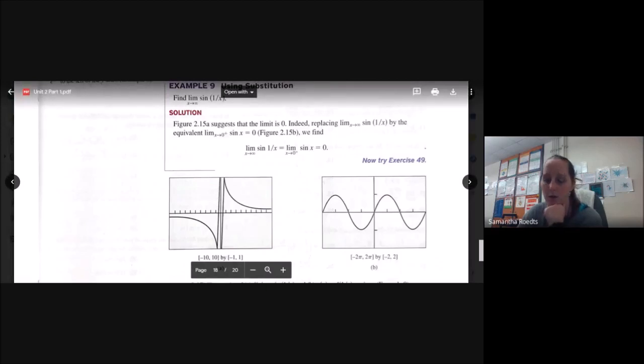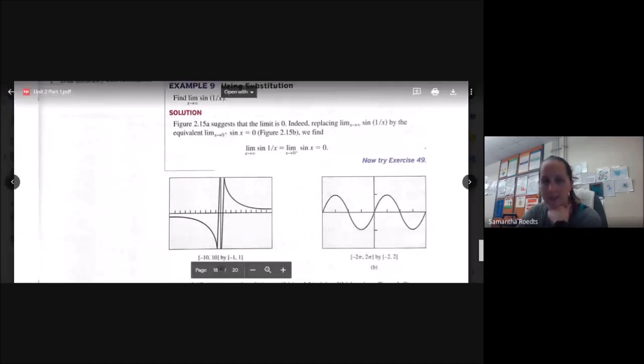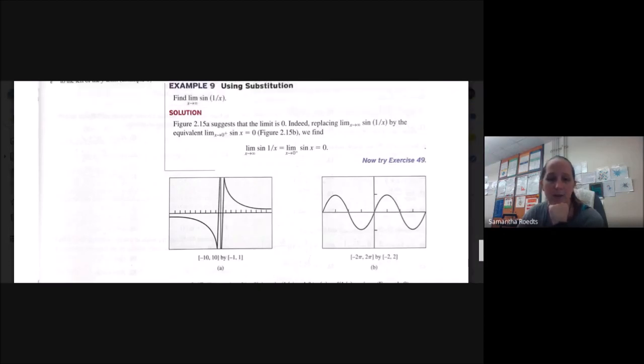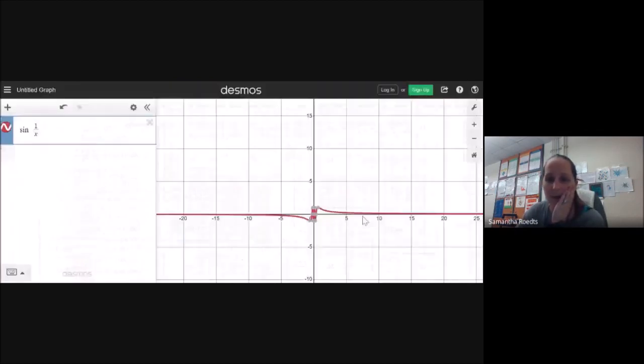And that's sine of 1 over x. And this is what sine of x looks like. So looking at this, it suggests that the limit is 0. There's this crazy thing right here. So if you want to look at it, that's what this graph looks like far away.